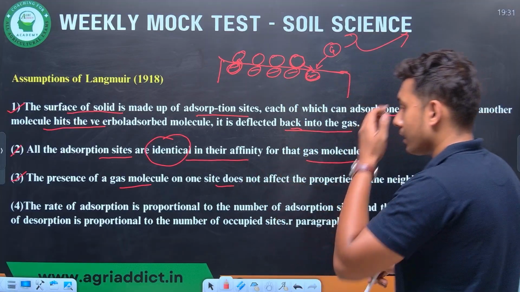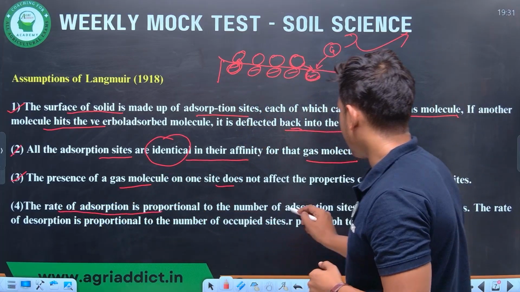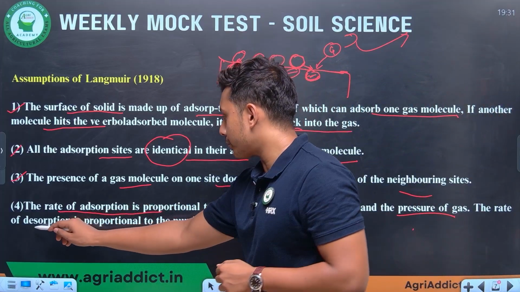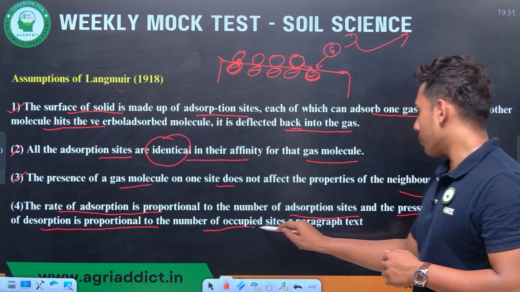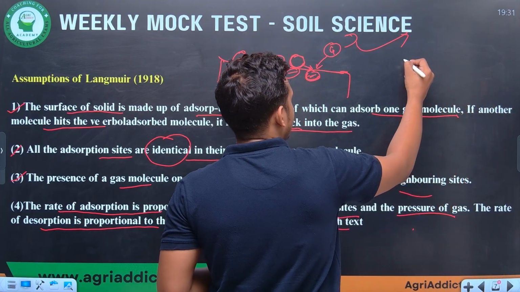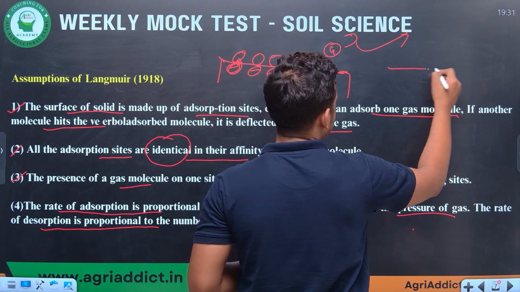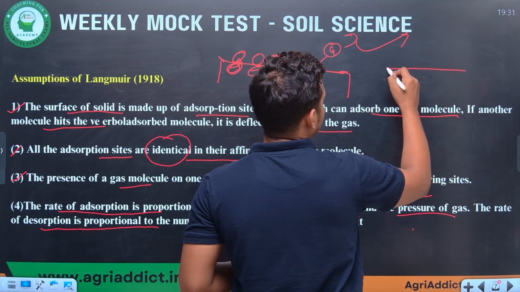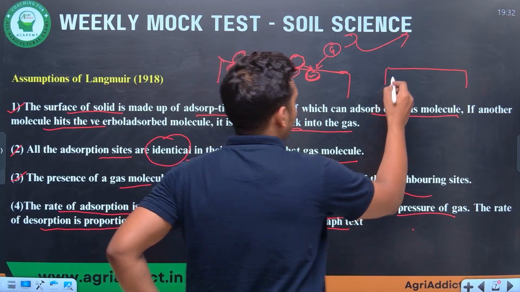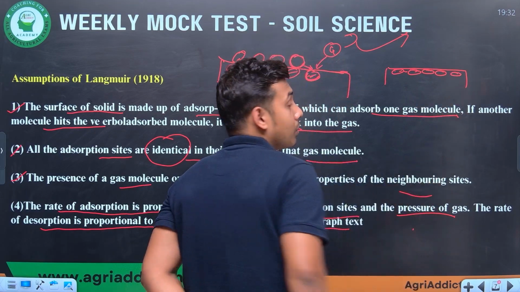The rate of adsorption is proportional to the number of adsorption sites and the pressure of the gas, and the rate of desorption is proportional to the number of occupied sites. So the adsorption rate will be more when there are more adsorption sites, and less when there are fewer adsorption sites.